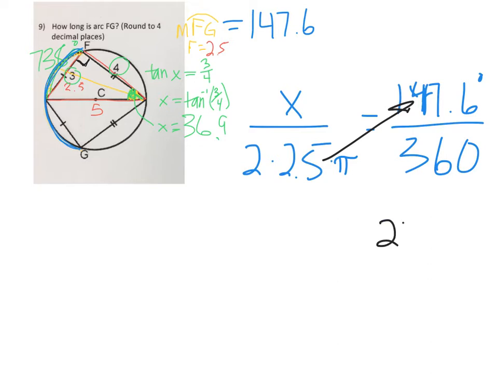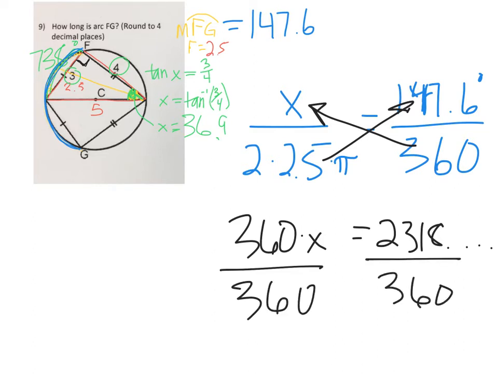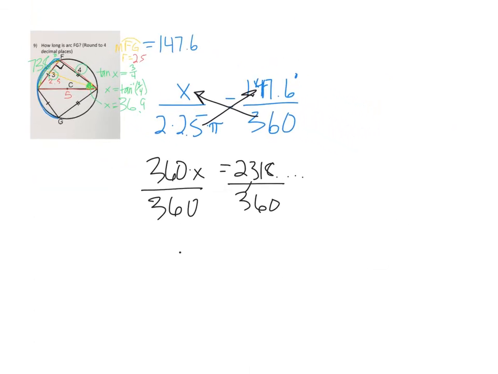That's 2318 and change equals 360 times x. So dividing by 360 gives me an arc length of approximately 6.44 units long.